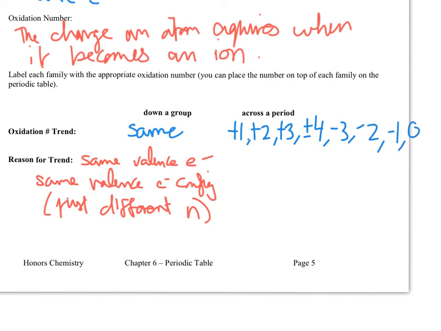The reason is because you increase the valence electrons by 1 at a time as you go across.